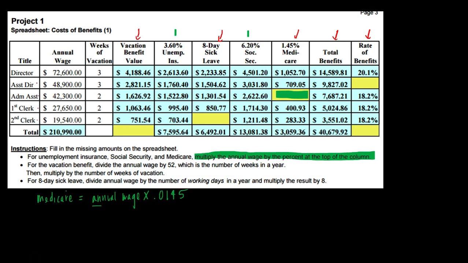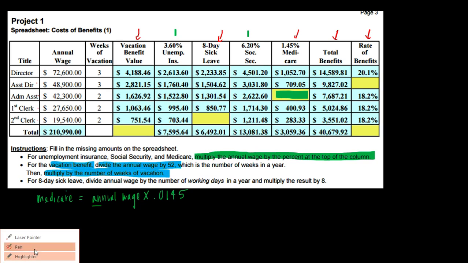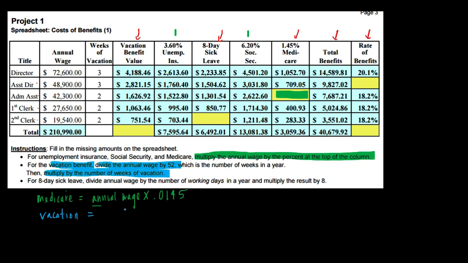Let's move on to vacation benefit value. For vacation benefit, divide the annual wage by 52, which is the number of weeks in a year, then multiply by the number of weeks of vacation. So take the annual wage and divide by 52.